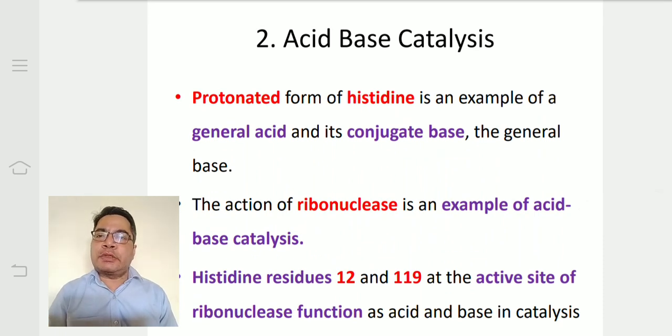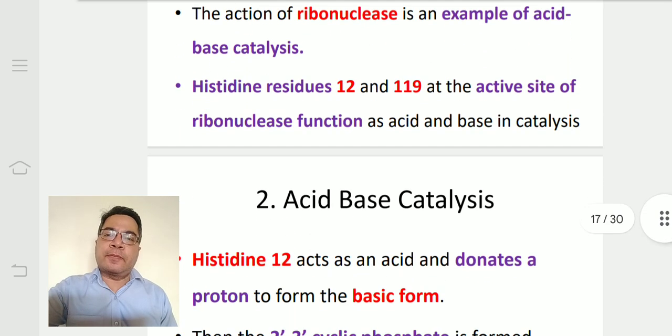The protonated form of histidine is an example of a general acid, and its conjugate base is the general base. The action of ribonuclease is an example of acid-base catalysis. Histidine residues 12 and 119 at the active site of ribonuclease function as acid and base in catalysis.